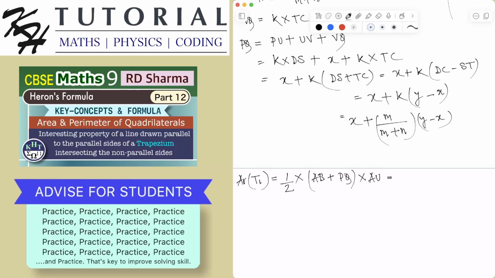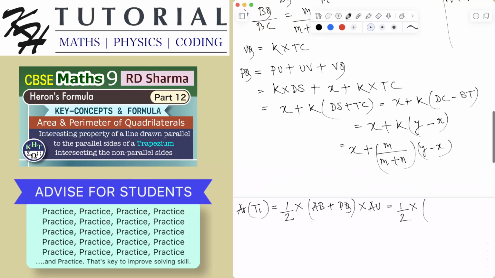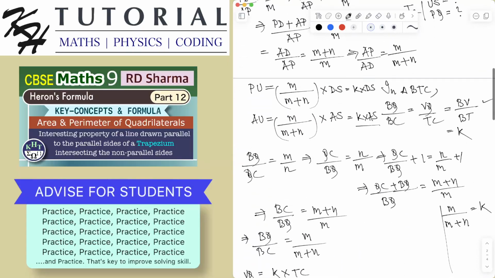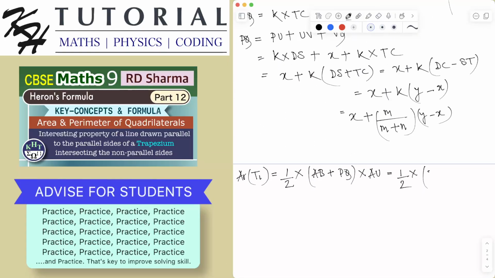Okay, so this is equal to half multiplied by AB, which is x, plus PQ, which we have found to be x plus k. I'm using k, which is equal to m by m plus n. So AB is x, so PQ is x plus k into y minus x, multiplied by AU.